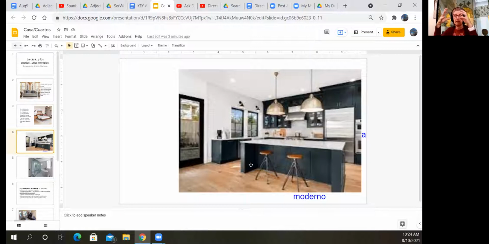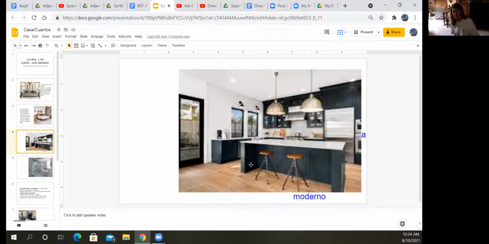¿Es una cocina pequeña o es una cocina grande? Es una cocina grande, sí. Bueno, ¿tiene una puerta? Does it have? ¿Tiene una puerta?